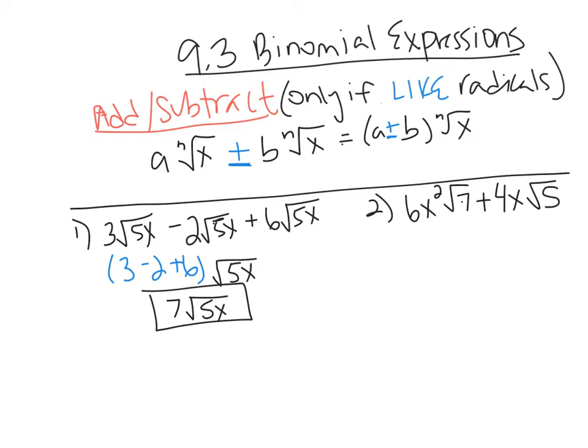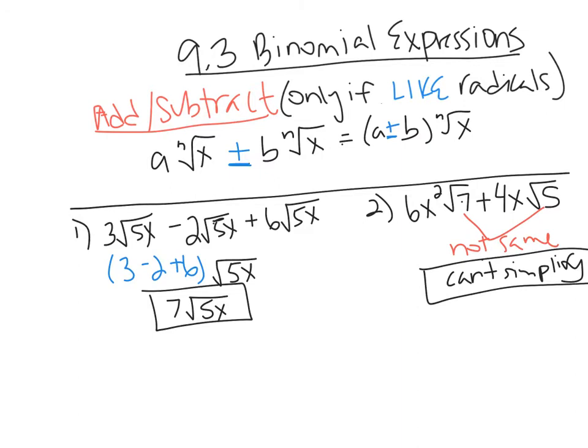Nope, they're not the same. So because they're not the same, we can't simplify. So you can't simplify, you're done. That's as small as we can get it. 6x squared root 7 plus 4x root 5.